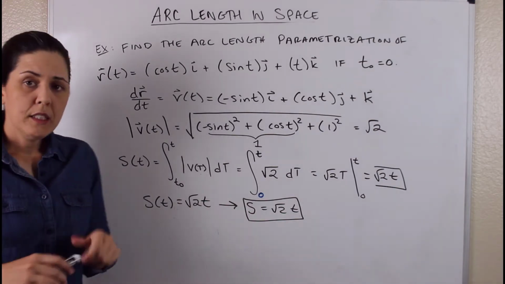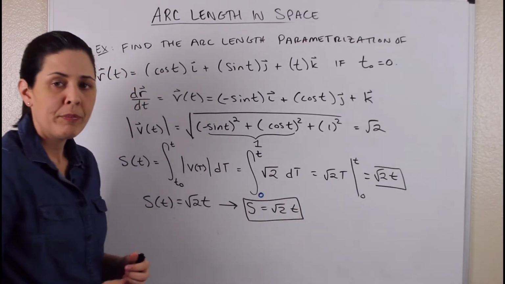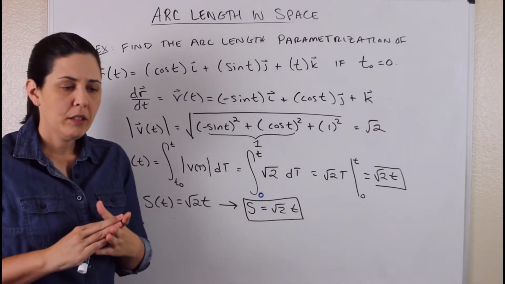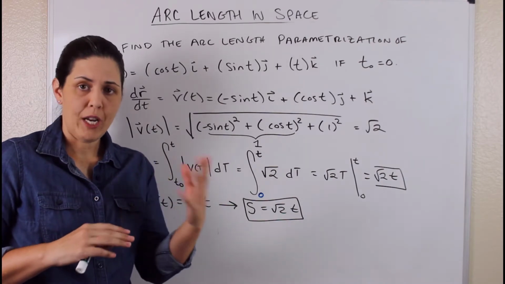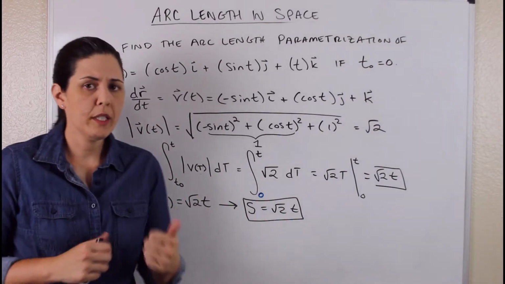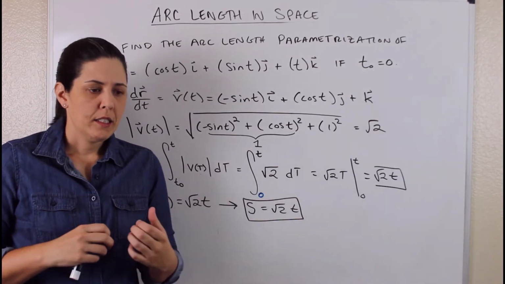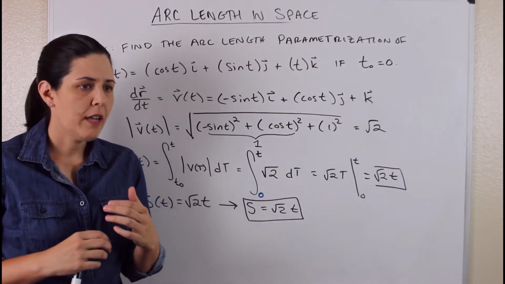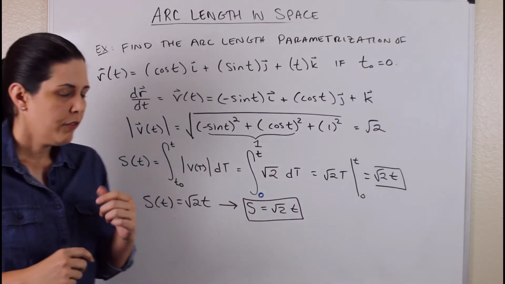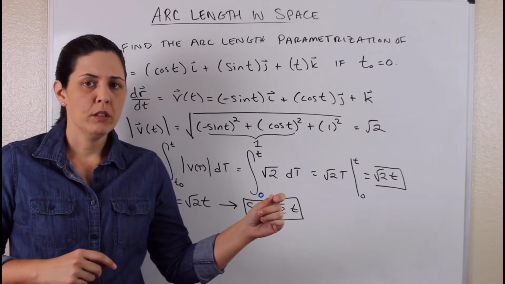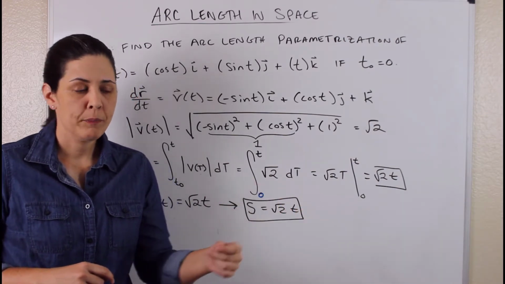This is basically telling you the relationship between arc length and t. So one way to think about this is maybe my example like driving down a road. To relate time and distance, if you considered driving at 60 miles an hour, just think about this for a moment. If you drive at 60 miles an hour, you'd be going 1 mile per minute, right? Because 60 minutes in an hour.